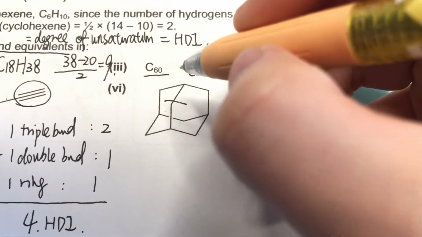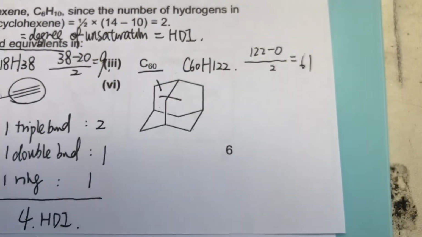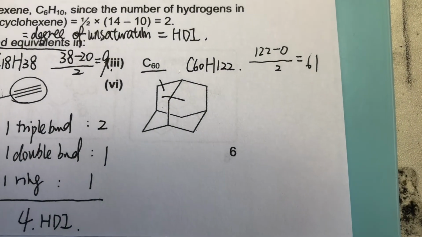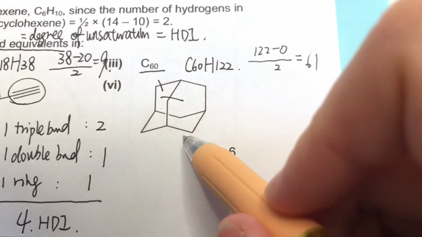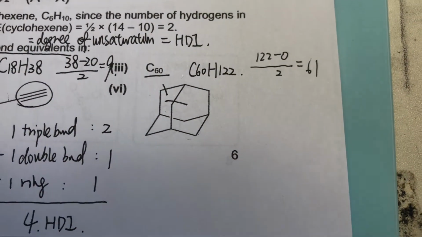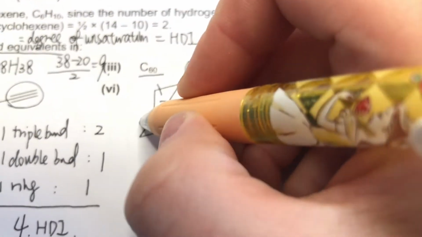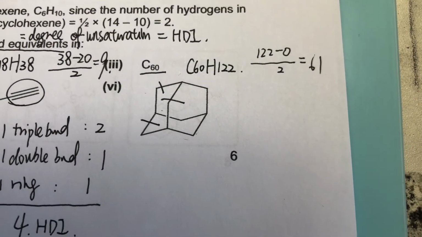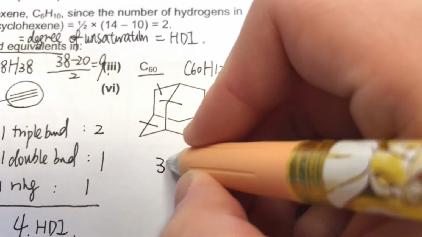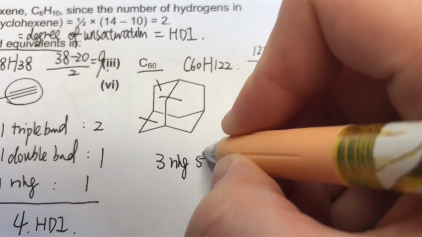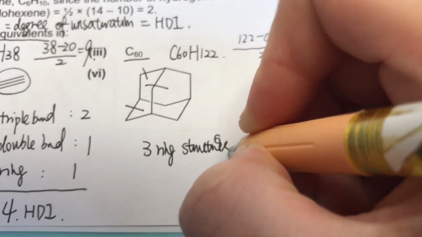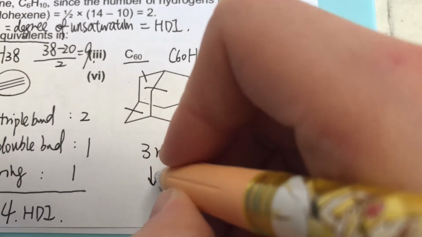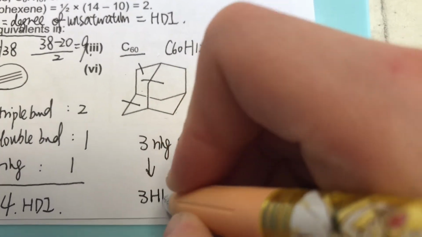But when we make 2 cuts, we can see there is still a ring structure present. So it's still unsaturated. Let's make a further cut. Now we can see it is a linear structure, so there are a total of 3 ring structures present. So there is 3 HDI.